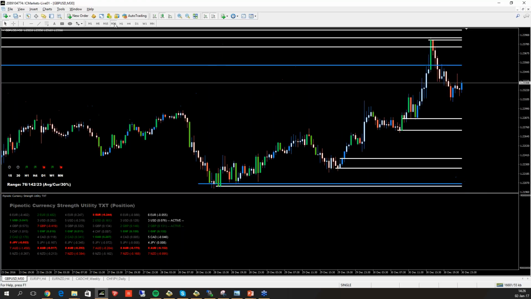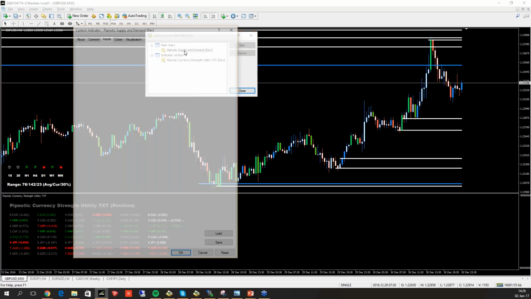So if we go to the 30-minute chart, you can see that we add the color white to the row here, so you can see which time frame we're currently looking at. You can see we have the British pound, which is the second strongest, the American dollar, which is the third strongest. And if we look at the red colors, we have number 8. This is the 8th weakest currency. This is actually the weakest currency out of all 8 of them on the 30-minute chart.